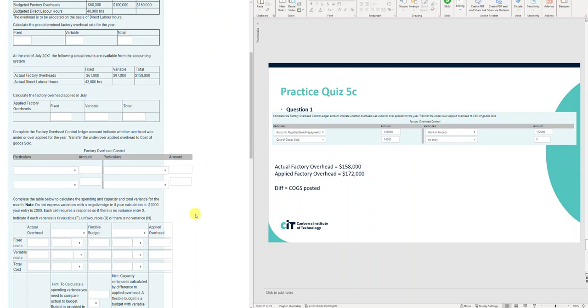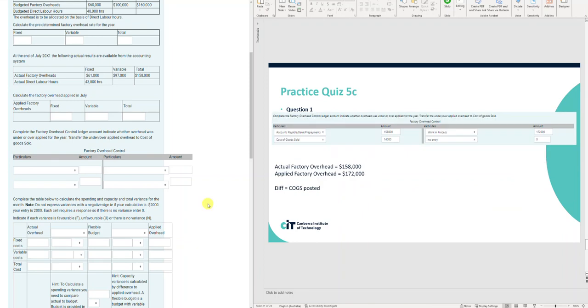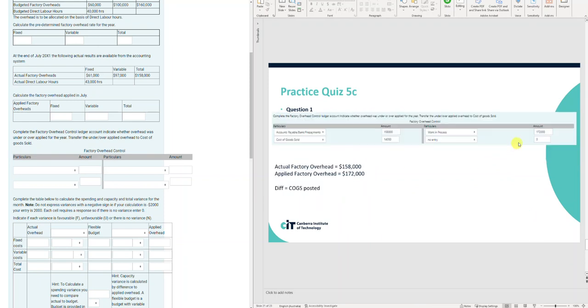then we need to complete the factory overhead control ledger. Okay, so I guess this is calculated. You've already done it actually. This is calculated by the fact that $172,000 is the work in progress in total, and your actual spending given in the question is $158,000, which links to here.